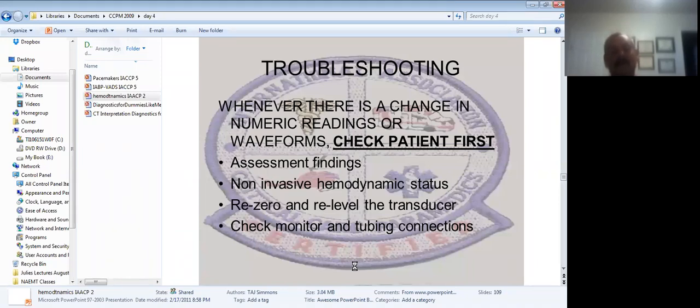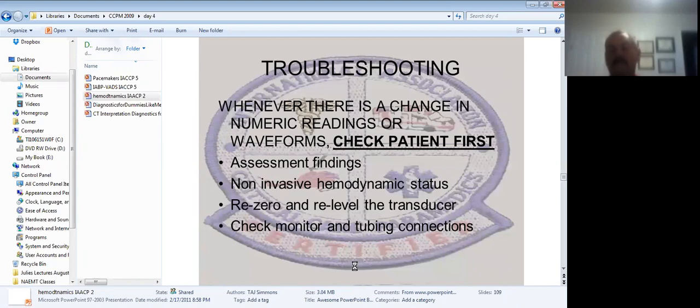So again, whatever changes on our numerics, we want to make sure that there's a patient condition that corresponds to that. Obviously, our standard assessment parameters, non-invasive hemodynamic monitoring status, of course, with end-tidal CO2 now, we also know that that's a real good predictor of who's in shock and who's not in shock. So we want to re-zero and re-level the transducer.